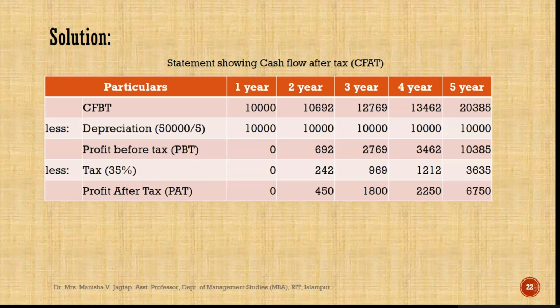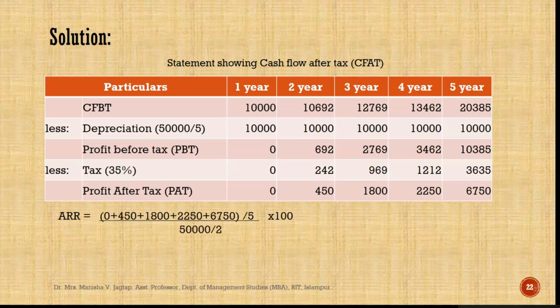So here you can see we are not adding back depreciation. That means this method is exceptional, where we are not adding back depreciation. And on this figure, we are going to calculate ARR.